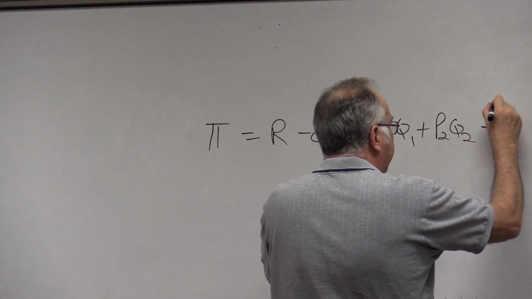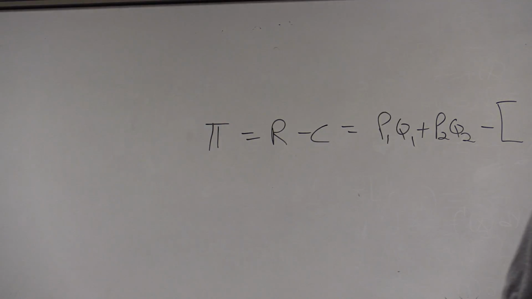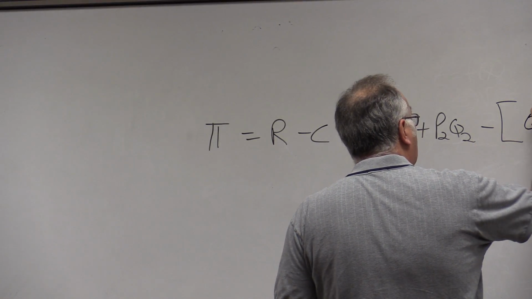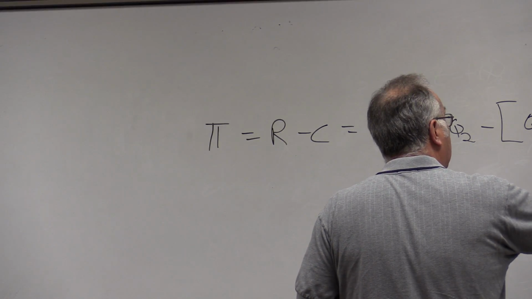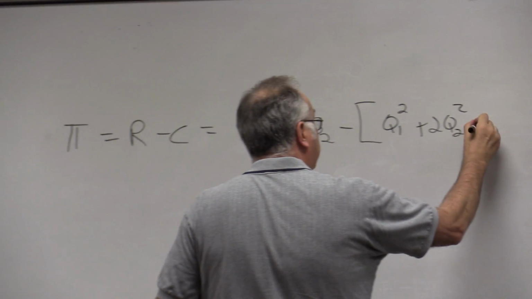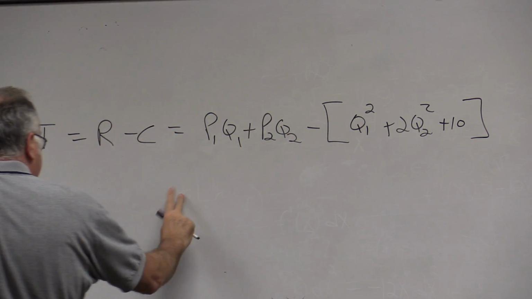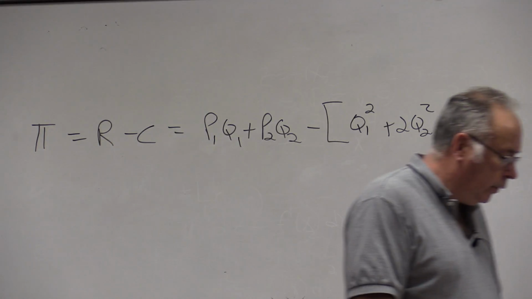Cost is already expressed as a function of Q1 and Q2. Now the trick is getting rid of P1 and P2. How do you do that?